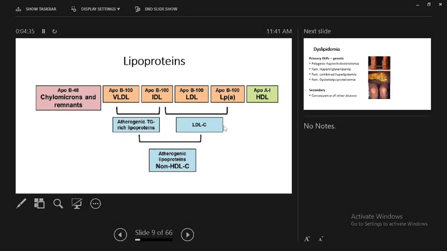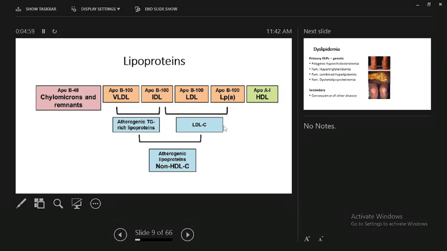Whereas VLDL and IDL, we know, are atherogenic triglyceride-rich lipoproteins. All these four together, other than HDL, are called non-HDL. These are all atherogenic lipoproteins.